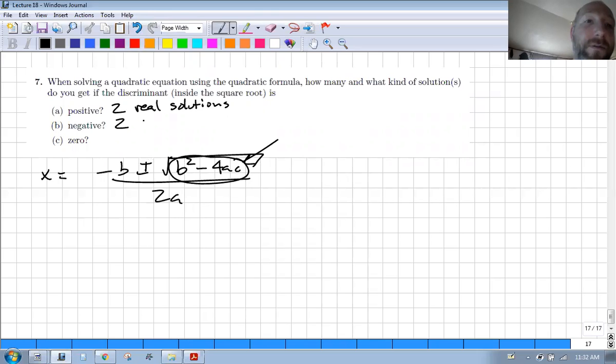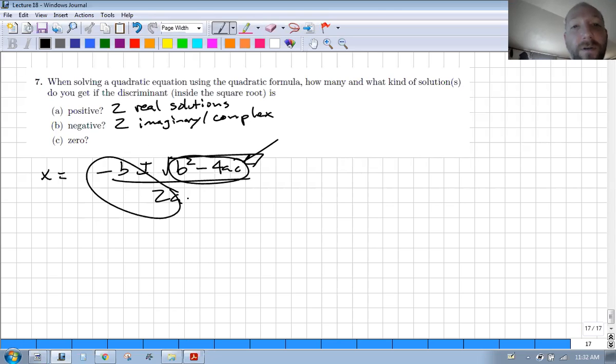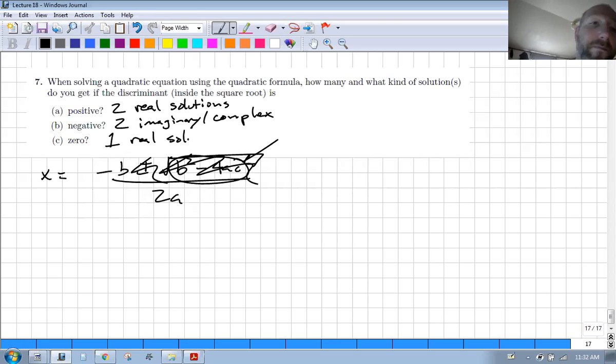If it's negative, then we have the square root of a negative. Then we get 2 imaginary or complex solutions. It depends. If b isn't 0, then you have a real plus an imaginary, which would give you a complex number. If it's 0, then you don't have the plus or minus, and then you only have one real solution, negative b over 2a.